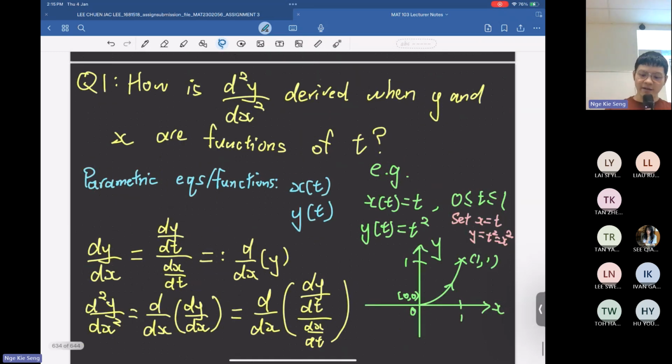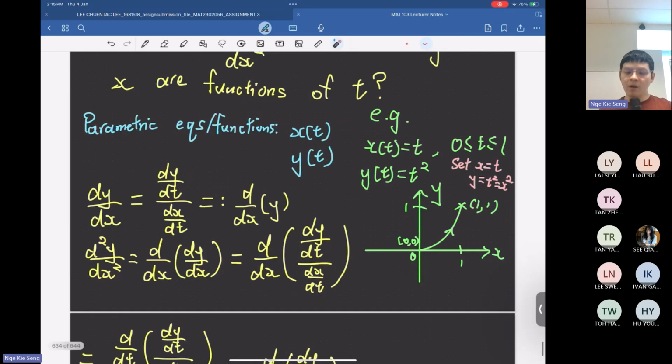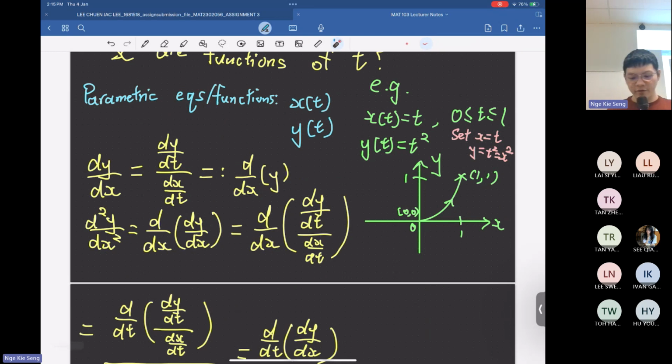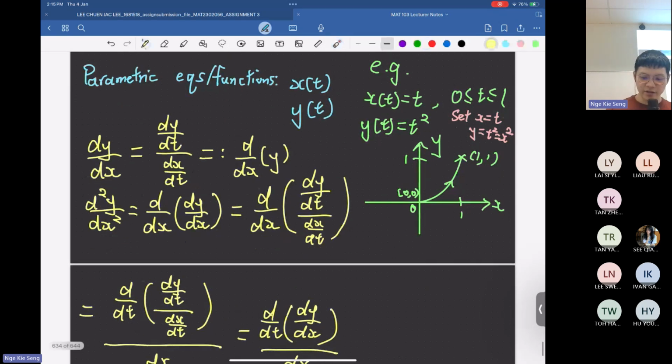Because both my functions y and x are in terms of t. So let's continue our example. x(t) equals t and y(t) equals t squared. So what is dy/dx in this case?